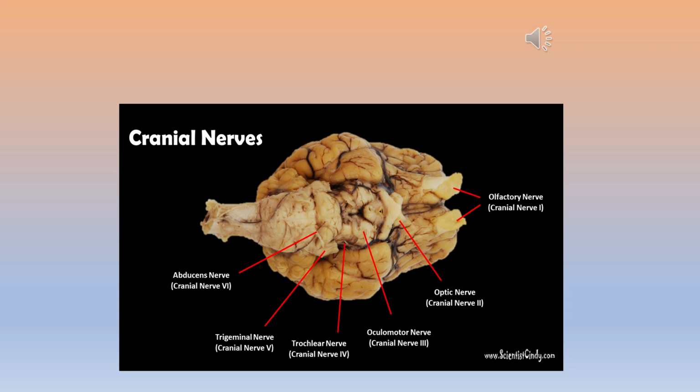Notice immediately posterior to the optic chiasm, you see a little bitty hole. That little bitty hole is in the infundibulum. The infundibulum is the stalk of the pituitary gland.